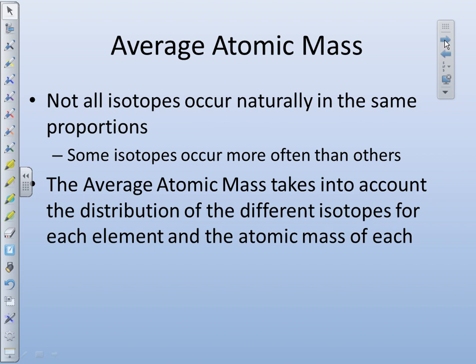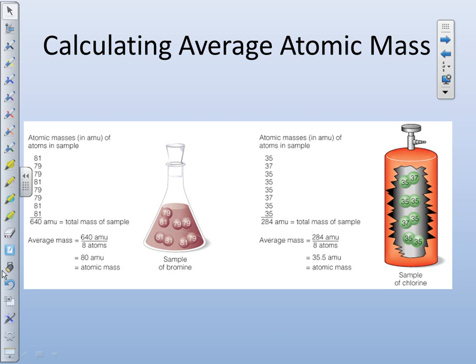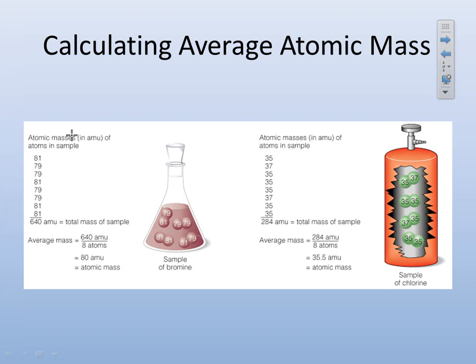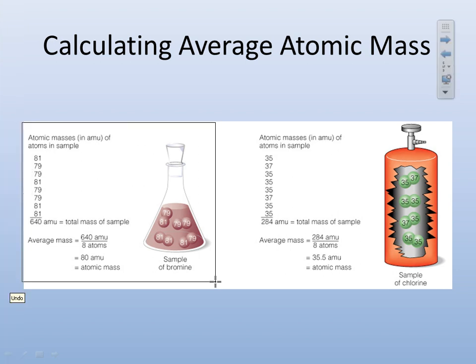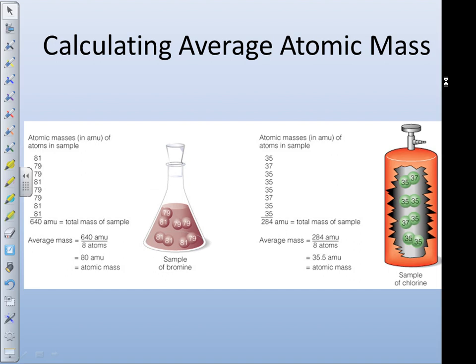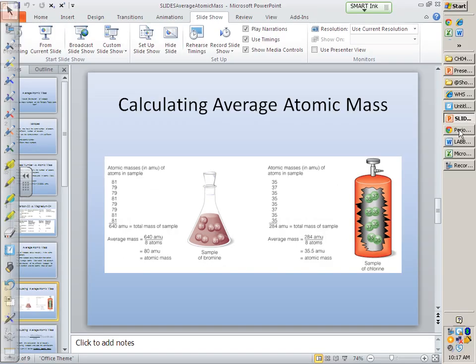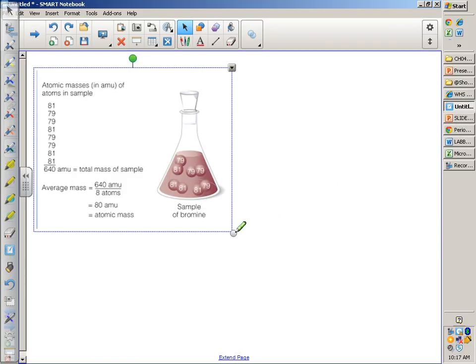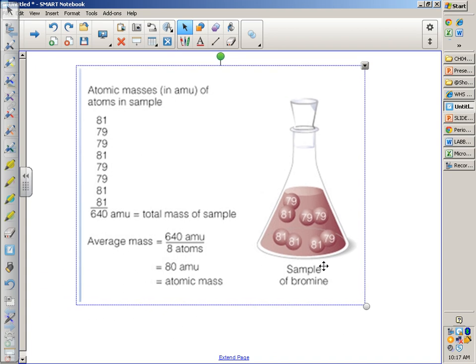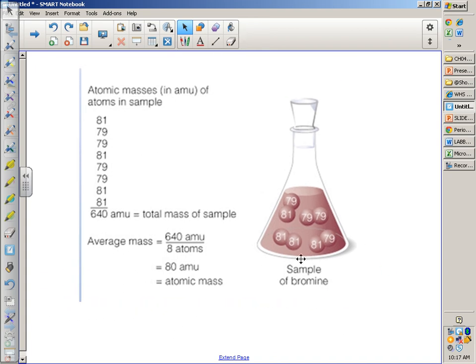We okay with that idea? Let's see what it means. On the back side, there's a couple of pictures here. I'm going to show you this picture of bromine. Bromine is a liquid at room temperature, so there's a nice little sample of it here.